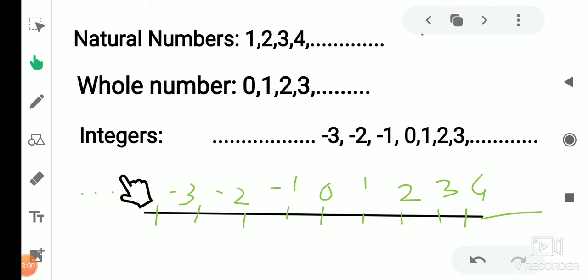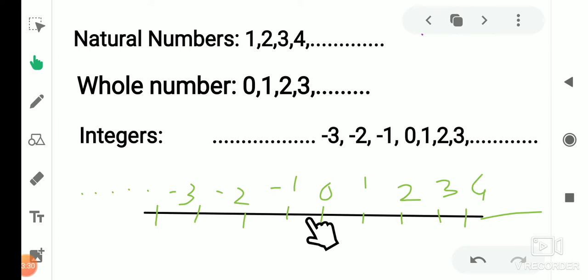Now let's move on to the group of integers. Integers are the group of numbers that contains 0, then positive numbers 1, 2, 3, 4, 5 up to so on, and their opposite numbers -1, -2, -3, -4 up to so on. These are called the integer numbers. Okay, we can represent these numbers on a number line like follows.